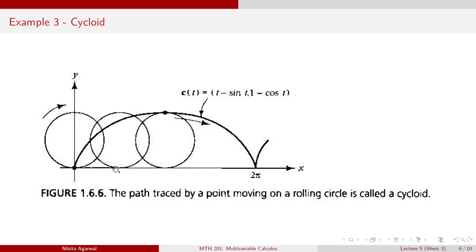So I will not get into this, but the path that is traced out by a point moving on the rolling circle is this path, and it's called a cycloid. Okay, so after 2 pi, you are back to this picture, and things will be same again. So it will be like this, then like this, and so on.